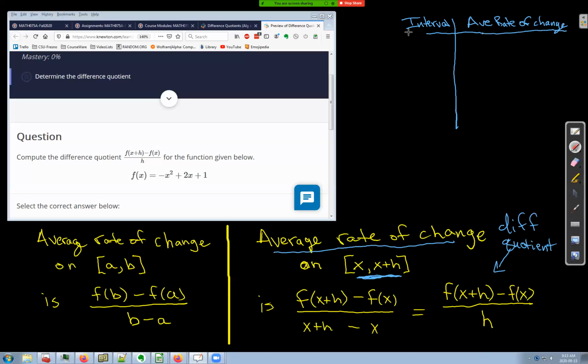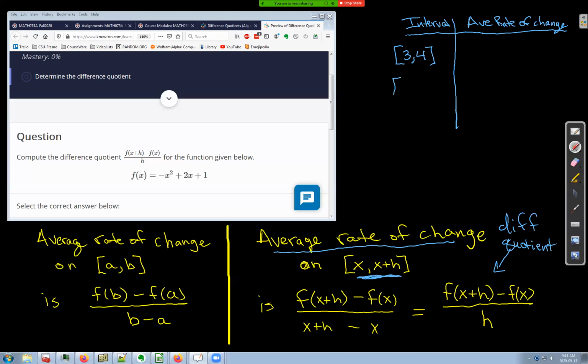The way that you turn average rate of change into instantaneous rate of change is you just let your intervals get really small. So for example, if I wanted to find the instantaneous rate of change at 3 seconds, then I could look at the average rate of change on the interval from 3 to 4.